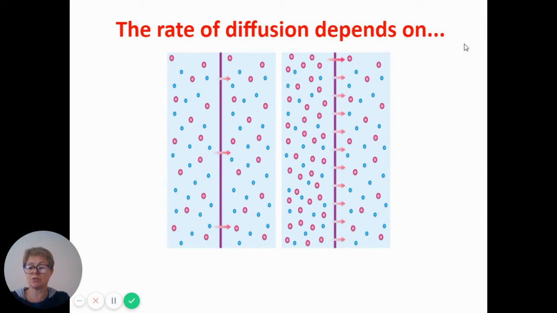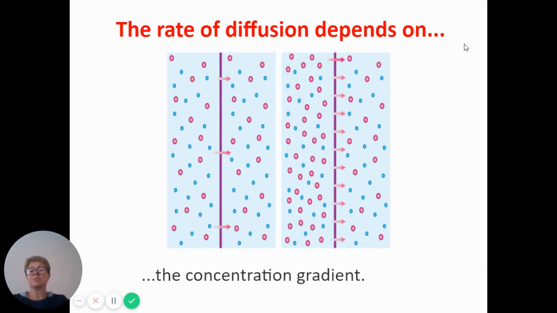And do you think diffusion will happen more quickly if there is a very high concentration or just a slightly high concentration? Well, hopefully you said a high concentration, and that would make a bigger concentration gradient, a bigger difference between the high level of concentration and the low level of concentration.